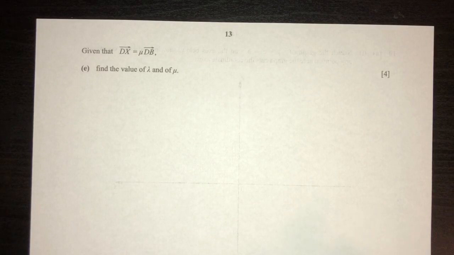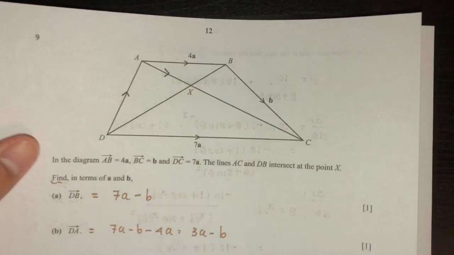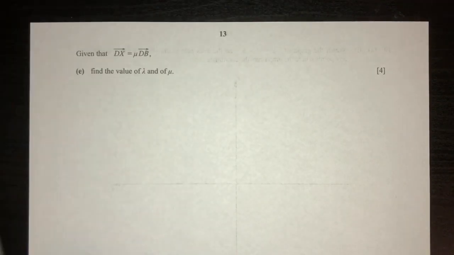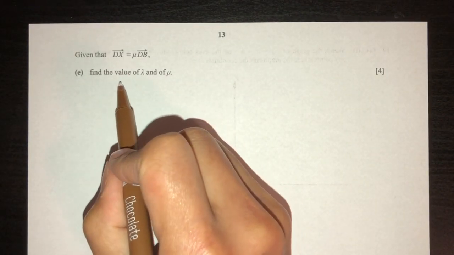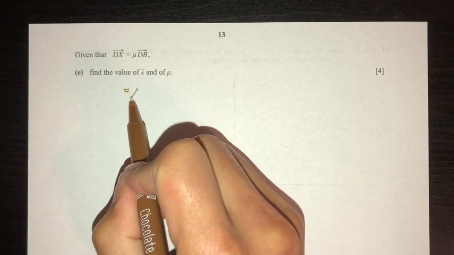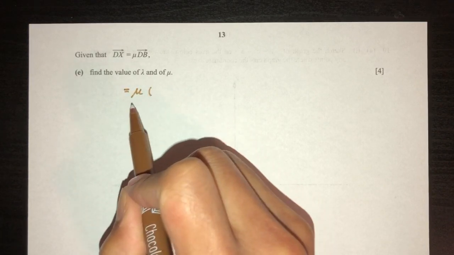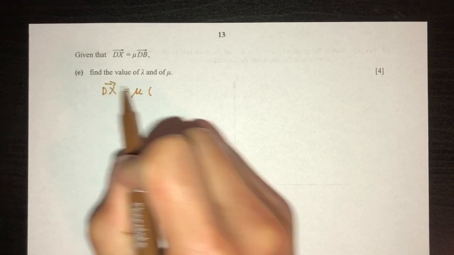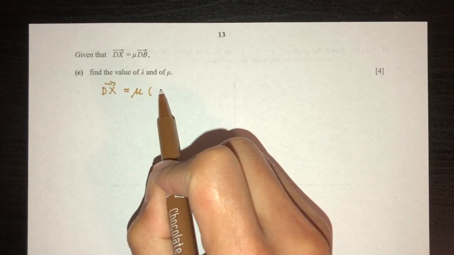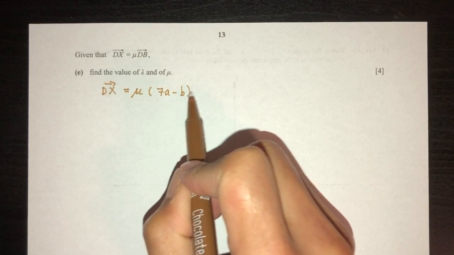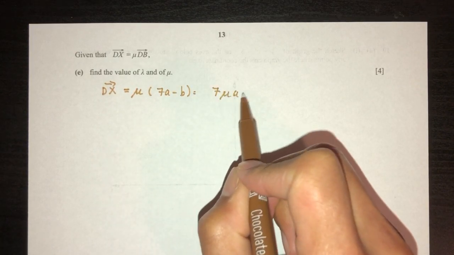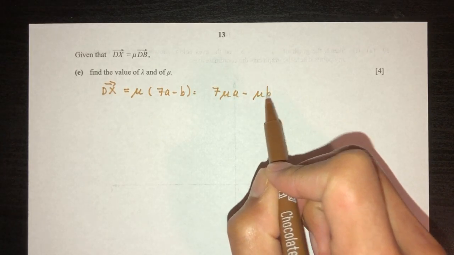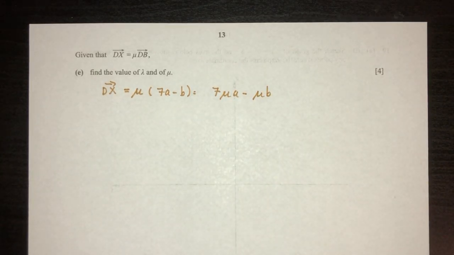Now let's move on to part E. Given that DX is mu times DB, so where's DB? DB is this value, okay? So DX is mu times DB. We have found DB from part A, that is 7A minus B. That was 7 mu A minus mu B. So we have to find the value of mu and the value of lambda.